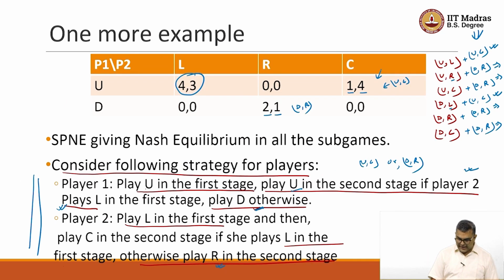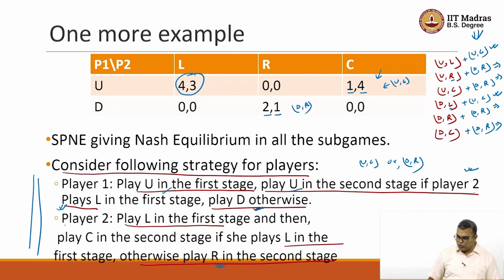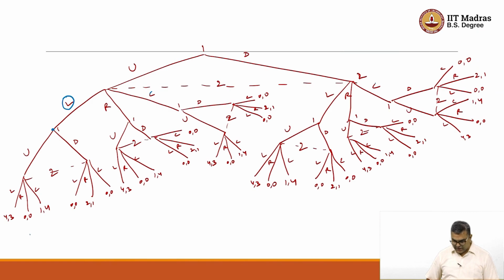Again pay attention. Play U in the first stage, and play U in the second stage if player 2 has played L in the first stage, play D otherwise. Player 2 plays L in the first stage and plays C in the second stage if player 1 plays L in the first stage, otherwise plays R in the second stage. Here this subgame is starting after player 2 has played L. So here they can get U comma C, which is a Nash equilibrium.